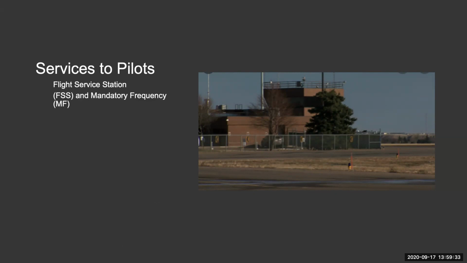At some airports with a lower density of traffic, pilots are responsible for maintaining a safe distance from each other, and control services are not provided. Airport advisory services may be provided by flight service specialists working at a flight service station, FSS, at these airports, or via a remote communication outlet, also known as an RCO.